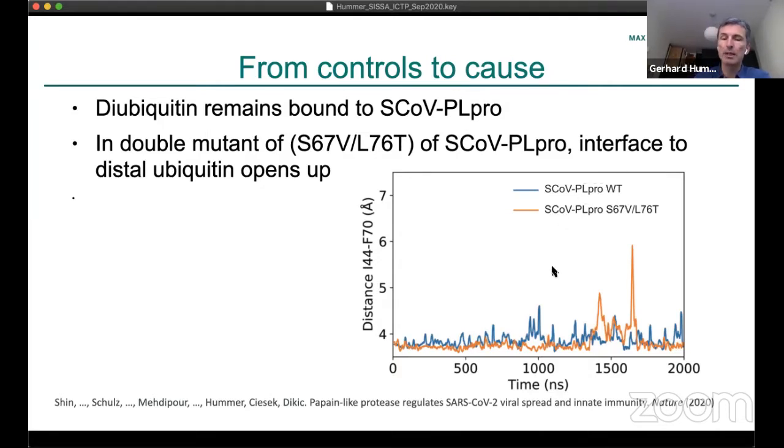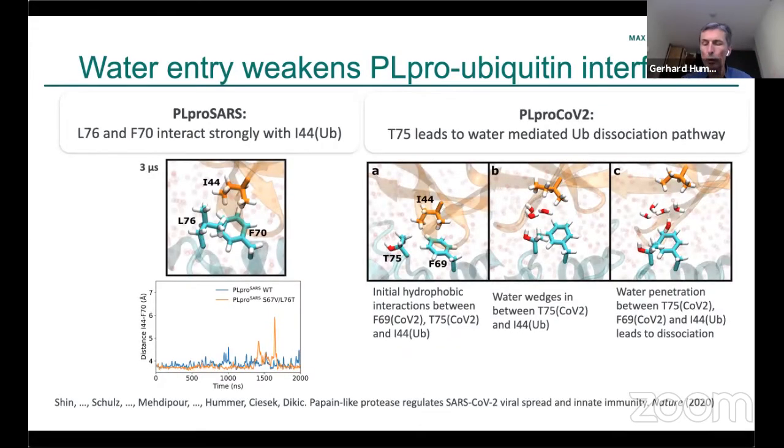And what we found was, in this one simulation, we didn't see full dissociation, but the interface clearly opened up, in one of the intermediate forms that we had seen before, an important step towards protein-protein dissociation. So one of the wonderful things with MD simulations is that then you can start to zoom in and you can see what is happening at the very detailed, near atomic level of these processes.